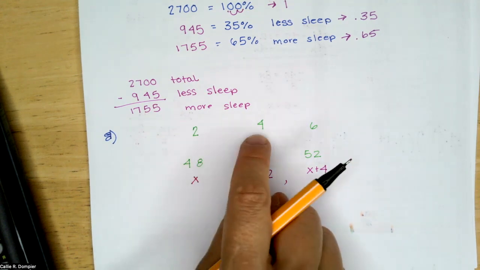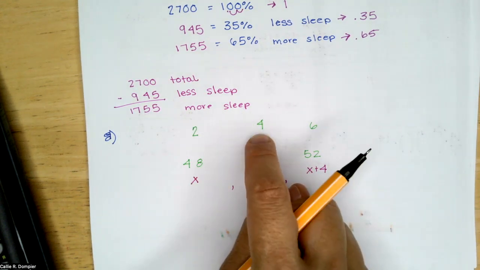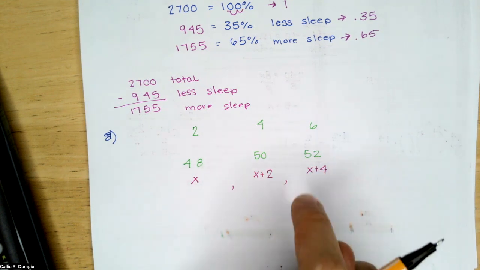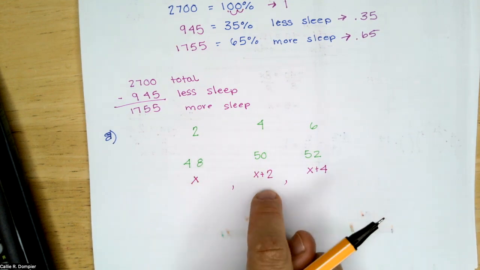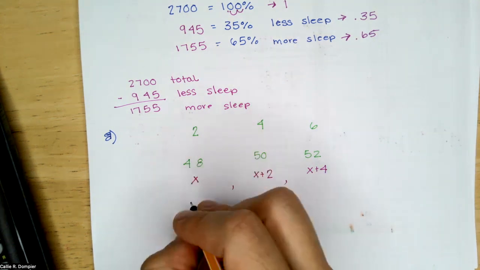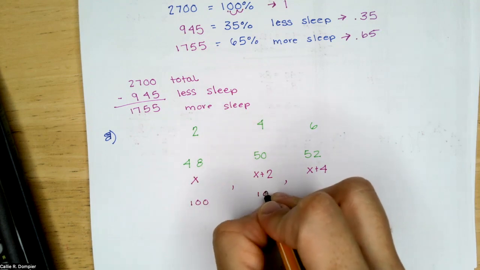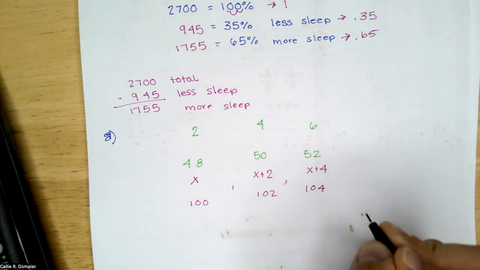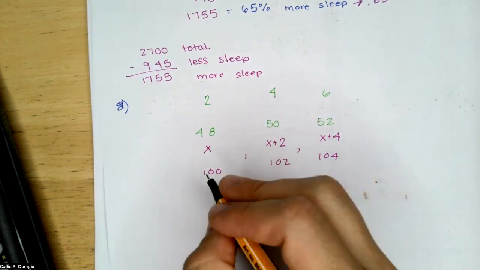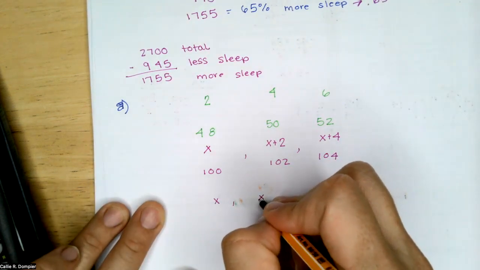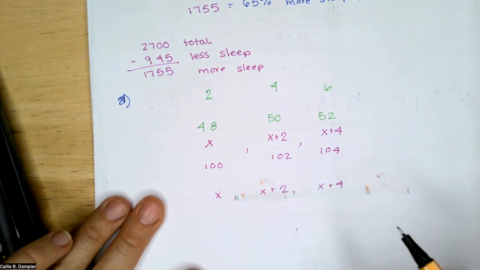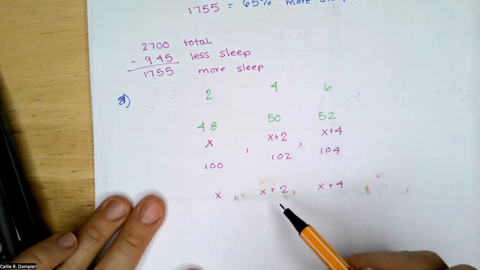It's true for 2, 4, and 6: 2, 2 plus 2, 2 plus 4. 48, 48 plus 2, 48 plus 4. 100, 100 plus 2, 100 plus 4. Okay? Those are consecutive even integers. Now, we know that they are x, x plus 2, and x plus 4, just because of the rule that they are even and they are one after the other.